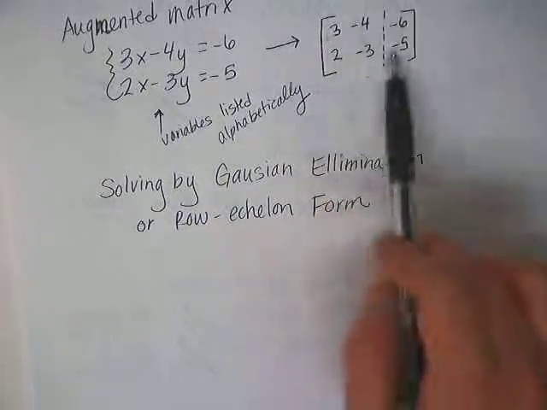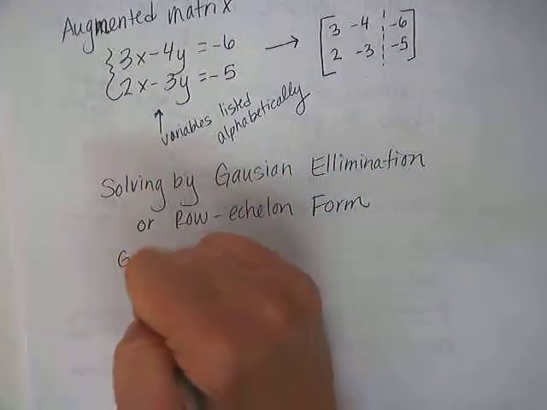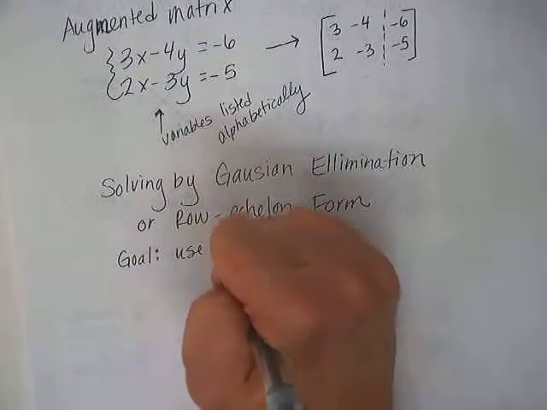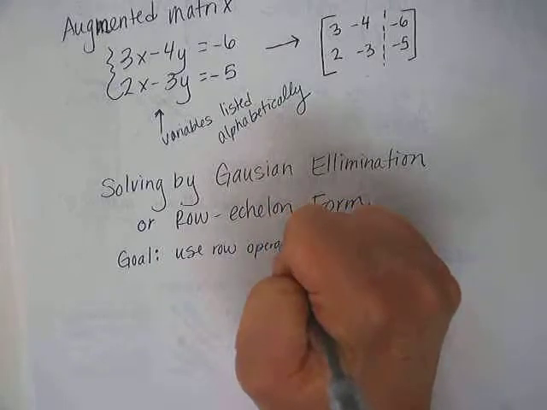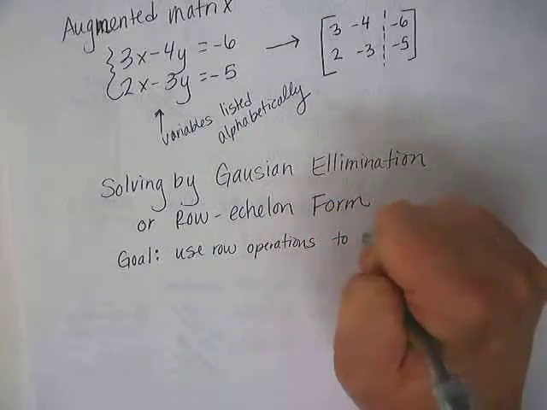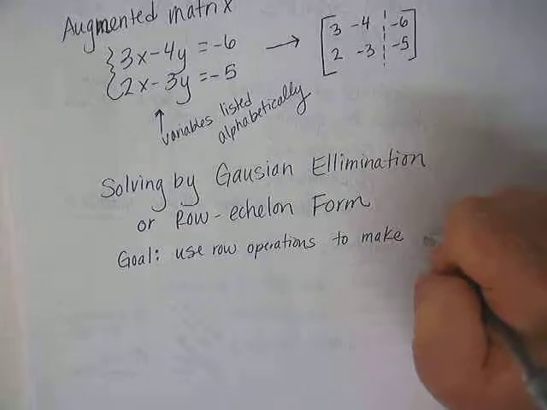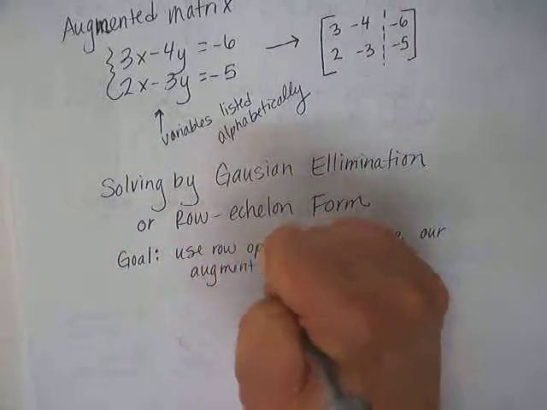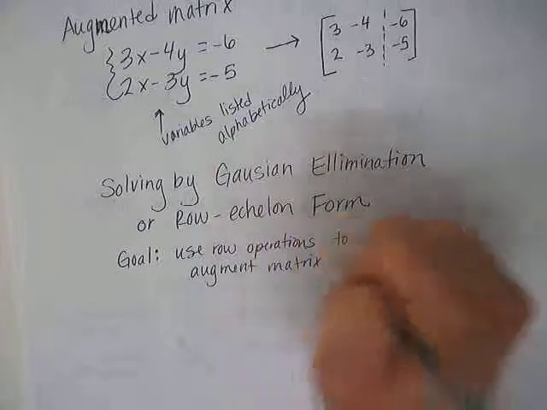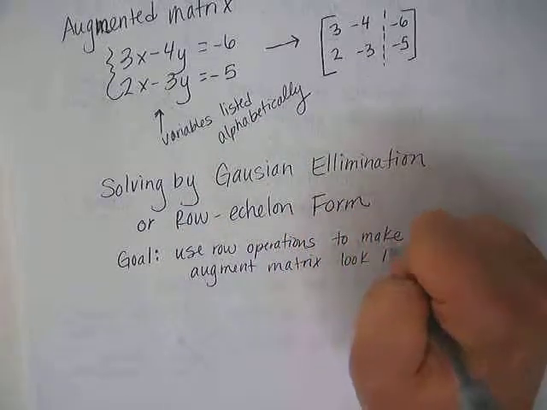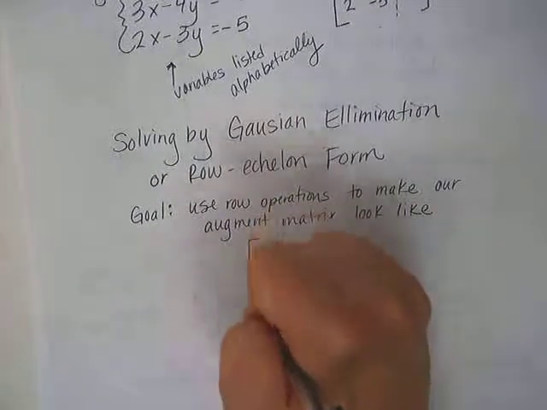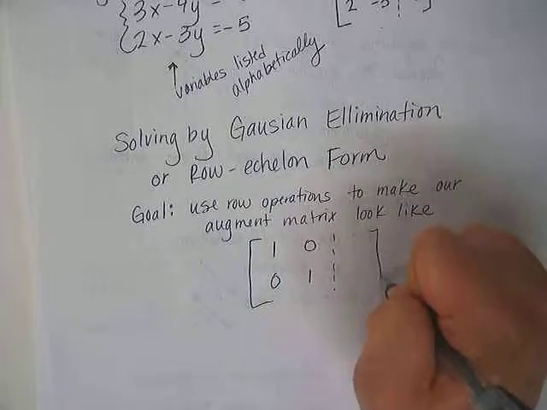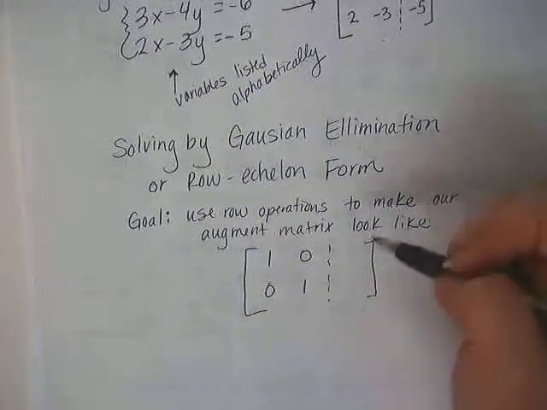Our goal is to take the augmented matrix that looks like this, and use row operations, which I'll tell you about in just a second, to make our augmented matrix look like this.